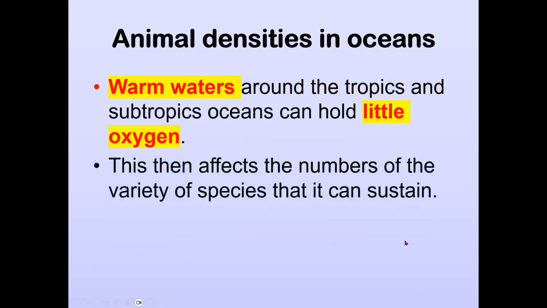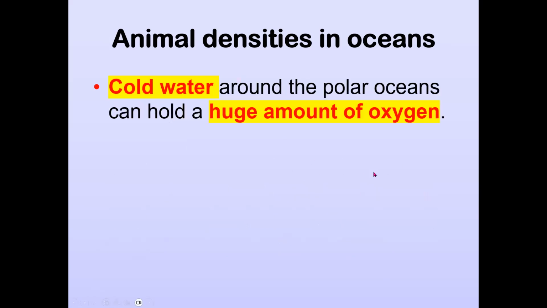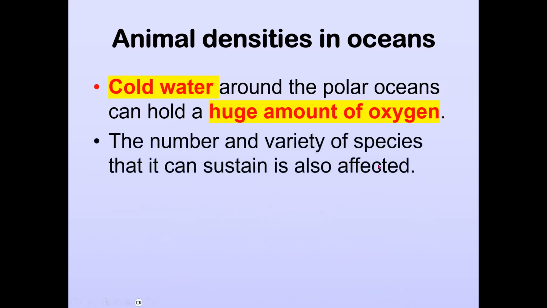So warm water around the tropics and subtropics holds little oxygen. So they have great diversity, but not large numbers of them, because there's not enough oxygen. The sea is big, but there's not enough oxygen to support everybody in the warm waters. In cold waters, with a massive amount of oxygen, huge variety of species.